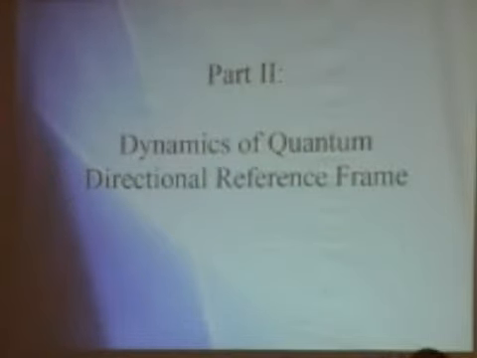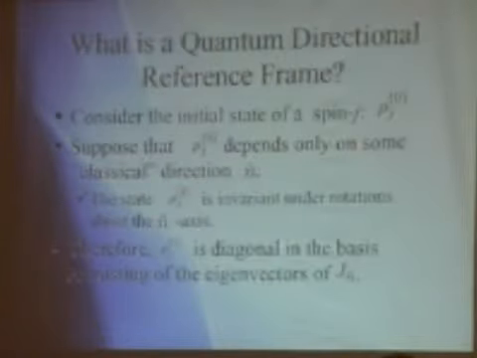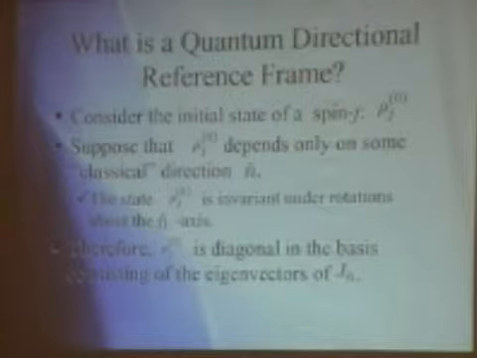Okay, so let's do something more physical. So now we have a polynomial representation for covariant maps with respect to rotation in space. What can we say about the dynamics of a quantum reference frame? First we need to define what I mean by a quantum directional reference frame.